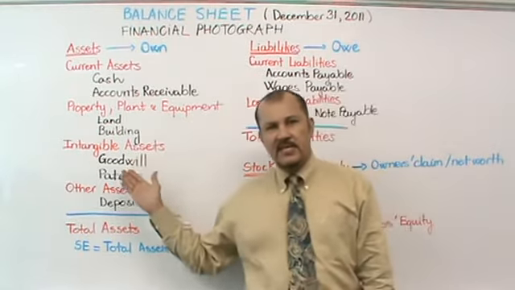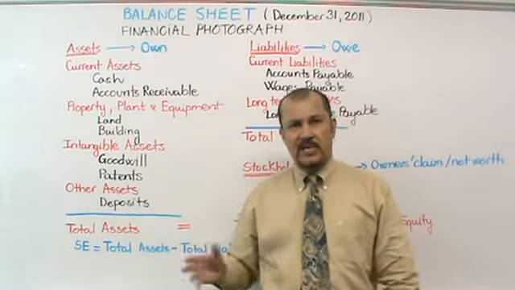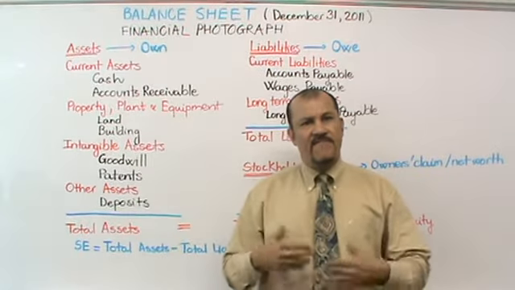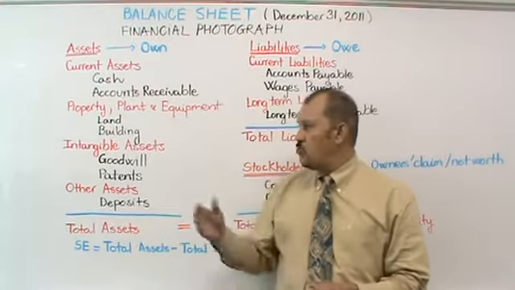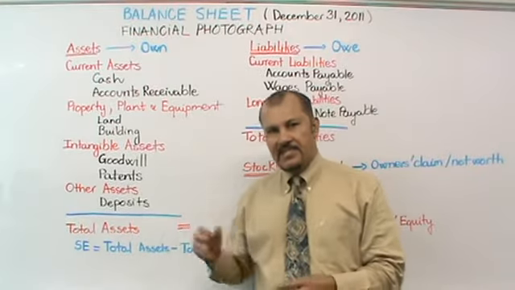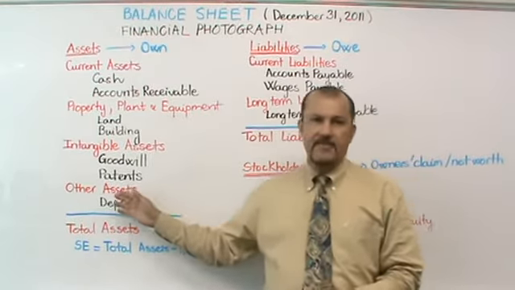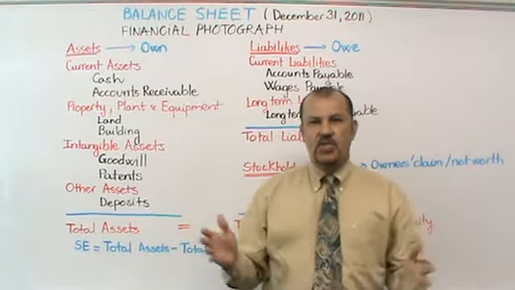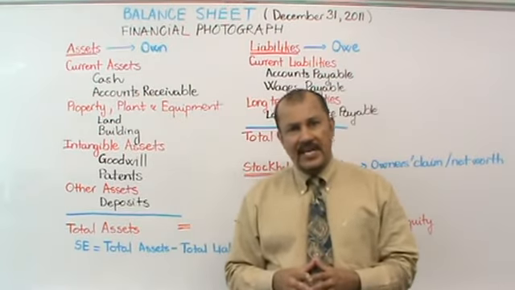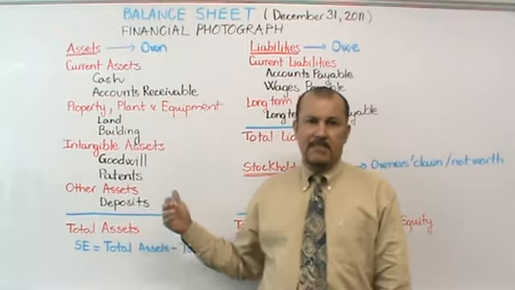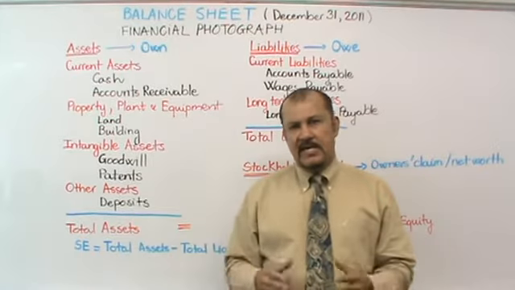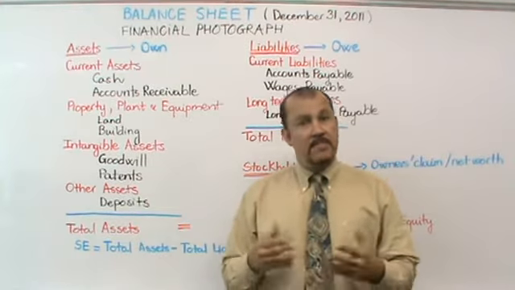Then you have another subsection called intangible assets. Some accounts that fall under this subsection would be goodwill and patents. Then we have another subsection which is kind of a catch-all section called other assets. And one account that typically falls into the other assets section would be deposits.